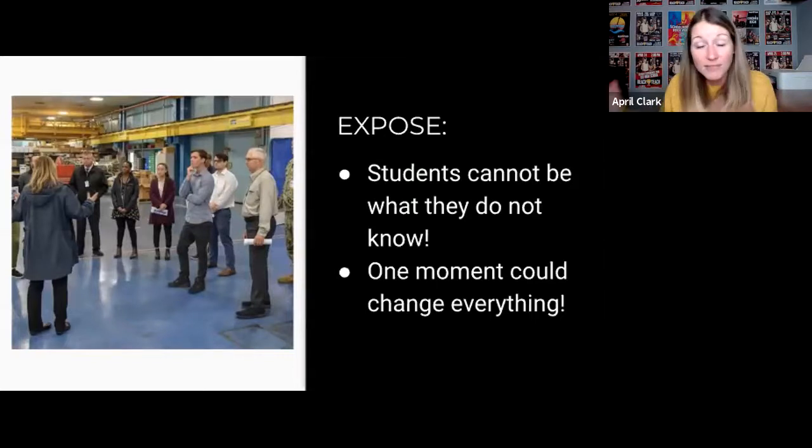But a student's skills and talents may be completely different than the skills and talents of their parents. And so helping students to really develop who they are and understand what roles or responsibilities they would be good at is a great way for us to expose them to different things that they maybe never, ever could have possibly considered before.